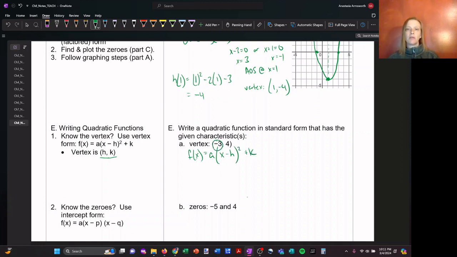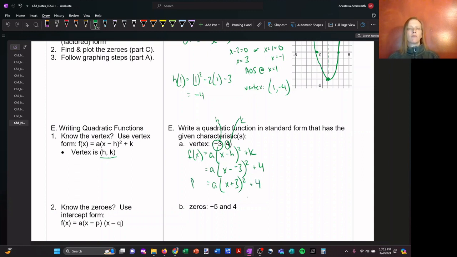Okay, and I want to put negative 3 in where the h is, and I want to put 4 in where the k is. So that's going to look like x minus negative 3 squared plus 4. I need to simplify this a little bit because I shouldn't have two negatives next to each other. I want to have a times x plus 3, the quantity squared, plus 4.